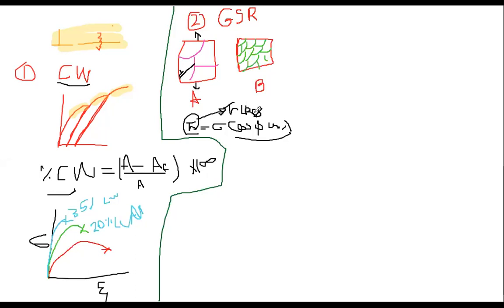Because we learned from the previous lecture, a slip system will be active only if the resolved shear stress reaches the critical resolved shear stress. Good. So let's assume this plane is active now as a result of the applied stress. The resolved shear stress equals the critical resolved shear stress, while the others are not active.